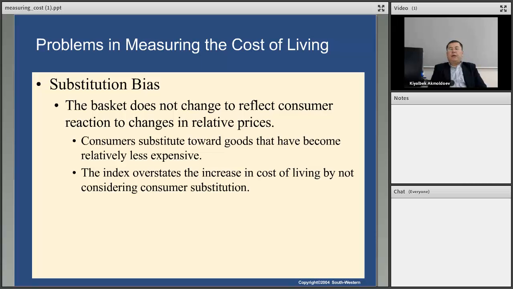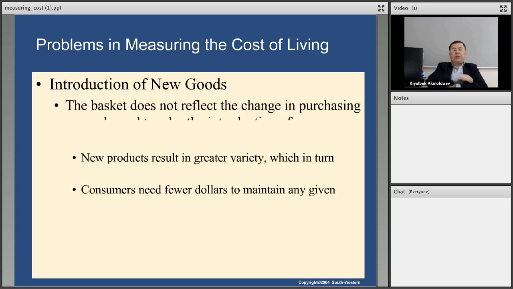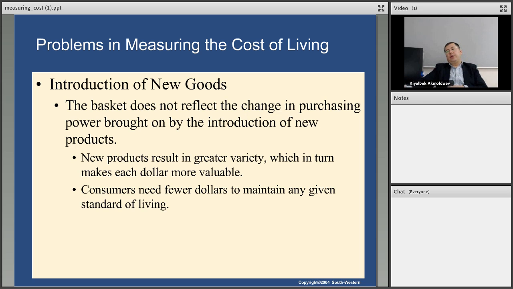Next one is, as I have mentioned, the introduction of new goods. When new goods are introduced, even if it is a necessity, for example, a telephone is a necessity, but it is not included in CPI, then my expenditures are increasing, but they don't consider my expenditures. They just say that the price does not change, for example.